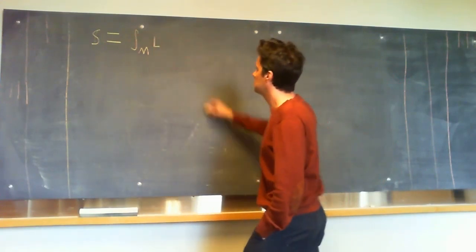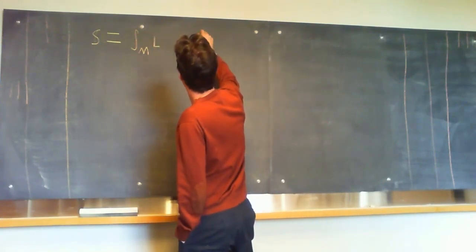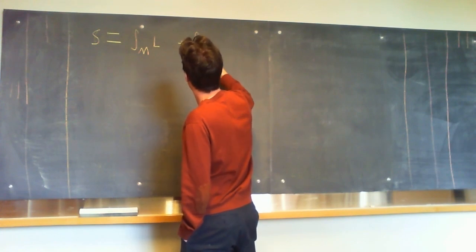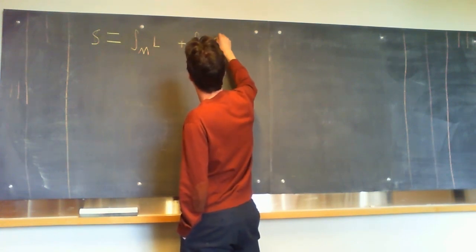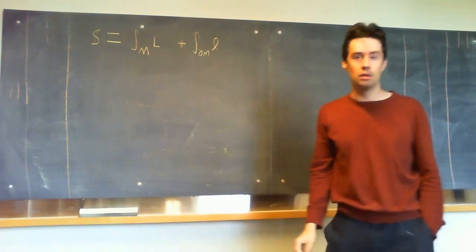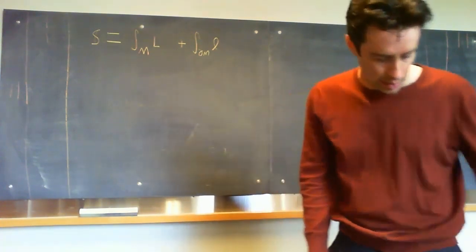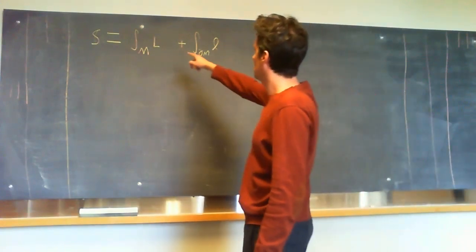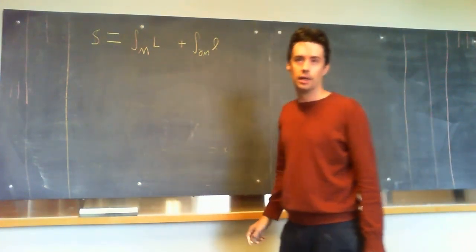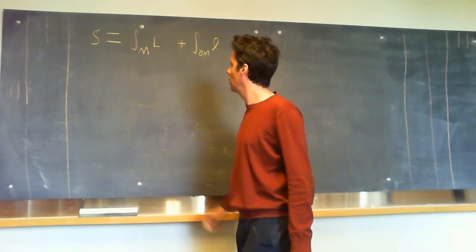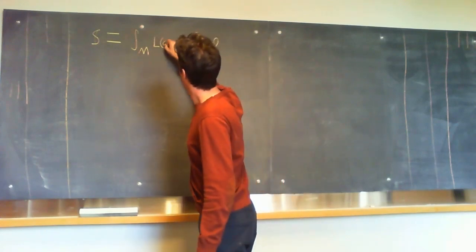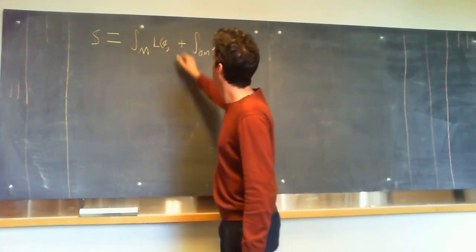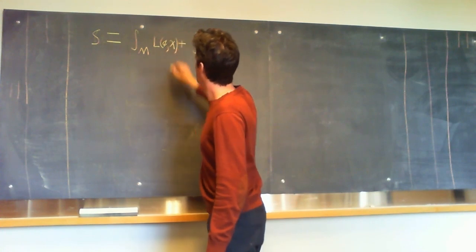L, plus an integral over the boundary of M of a d-1 form little l. These Lagrangian forms can depend both on dynamical fields, which I'll call phi, and background fields, which I'll call chi.